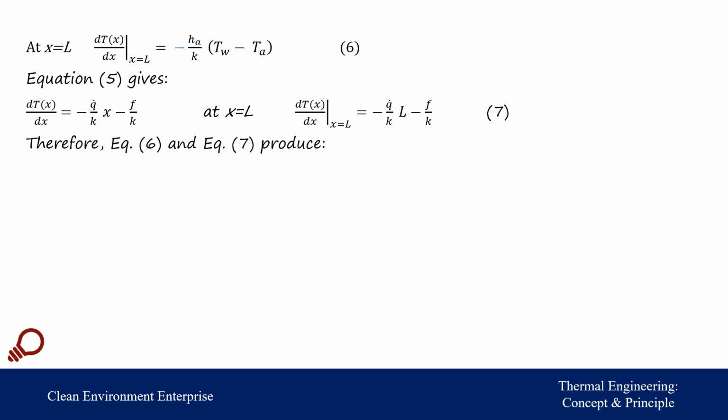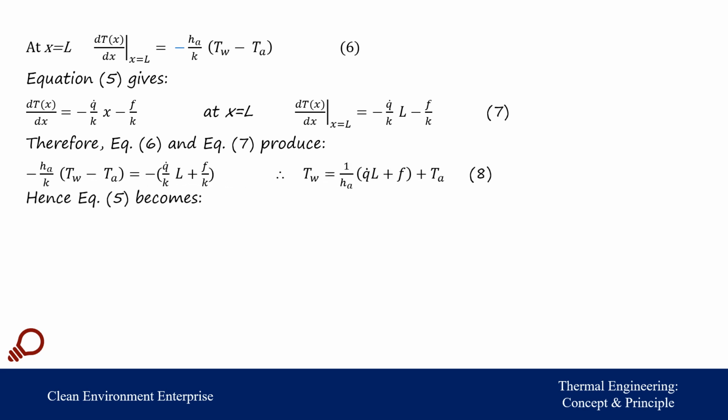So if we use equations 6 and 7 for dT by dx where x equal to L, then we will get this form of equation which produces T_W, which represents the wall temperature, equal to 1 divided by h_A times (Q dot L plus F) plus T_A.